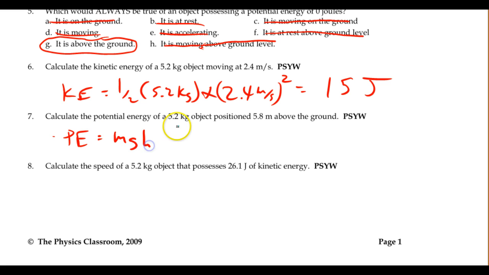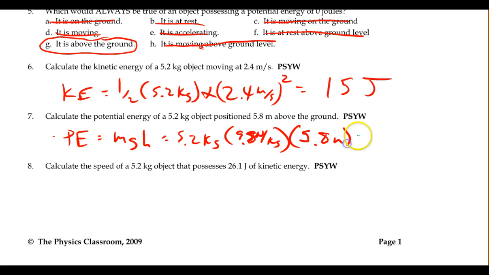Again, mgh, so 5.2 kilograms. I'm going to use 9.8 newtons per kilogram for g. If we round it off to 10, we'll get the same to 2 significant figures. 5.8 meters, and we get just about 300 joules. So you can see significantly more than we had from the kinetic energy up above.